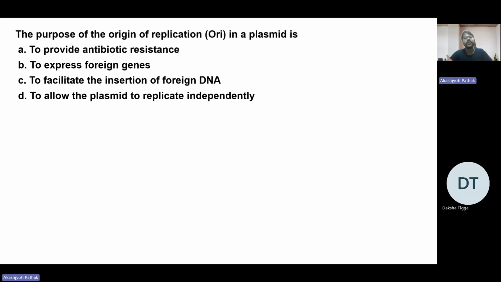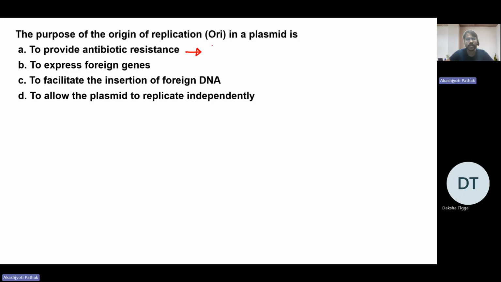Now, what is the purpose of origin of replication in plasmid? Does it provide antibiotic resistance? No, this is not the property.